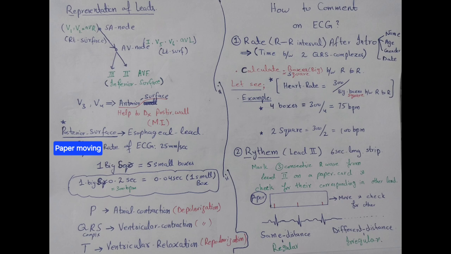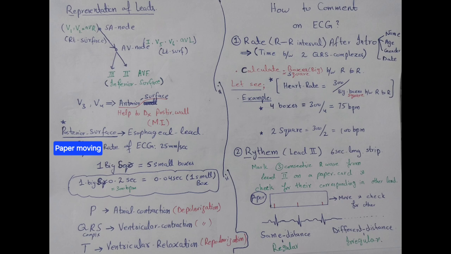Now, where is the 300 coming from in the formula: heart rate is equal to 300 divided by the big boxes or big squares between two R waves? As I already told, one big square is about 5 mm, and the paper is moving at the speed of 25 mm per second, so 5 divided by 25 will be equal to 0.2 second.